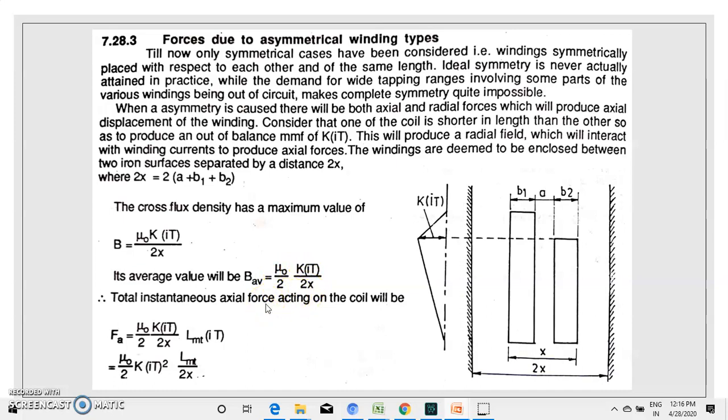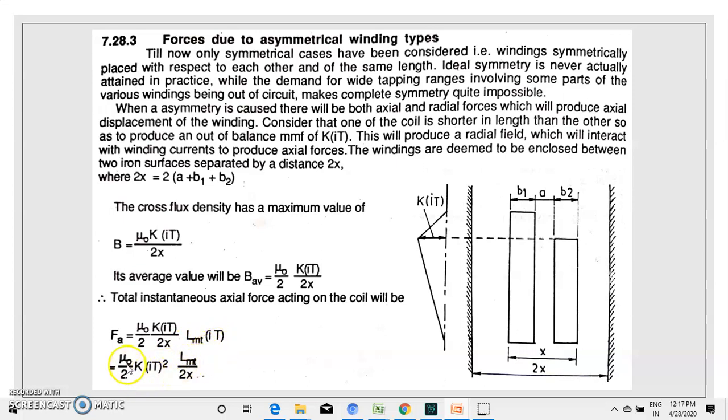So the total instantaneous axial force acting on the coil, FA, is equal to mu 0 upon 2 K into IT upon 2x, that is nothing but simply BAV, the average flux density, LMT, the mean turn length of the winding or the coil, and I into T, the MMF.